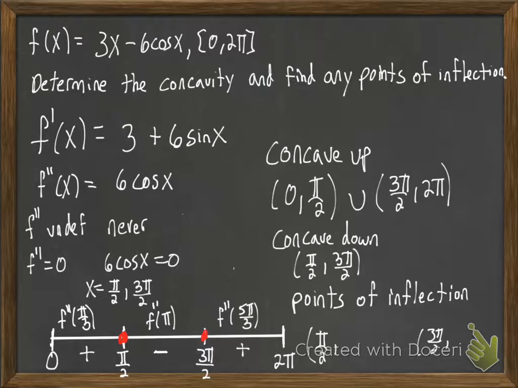And it's just a matter of evaluating the function. At pi over 2, we have 3x, so 3 times pi over 2. Cosine of pi over 2 is 0, so it's just 3 pi over 2.